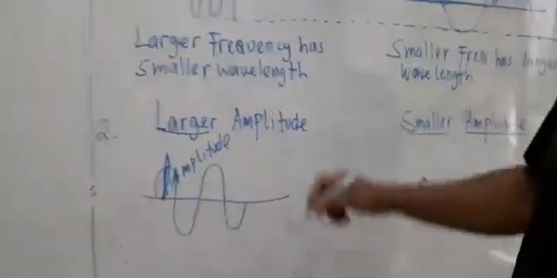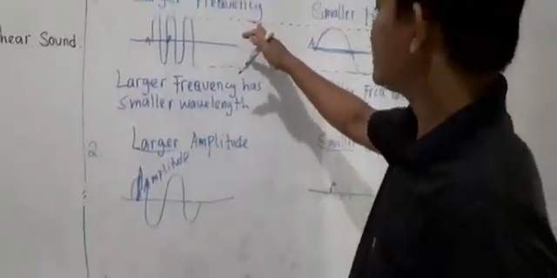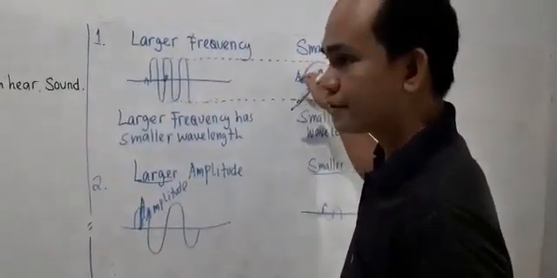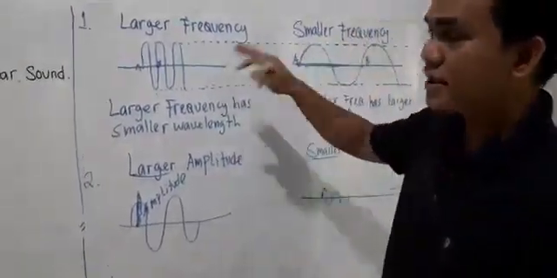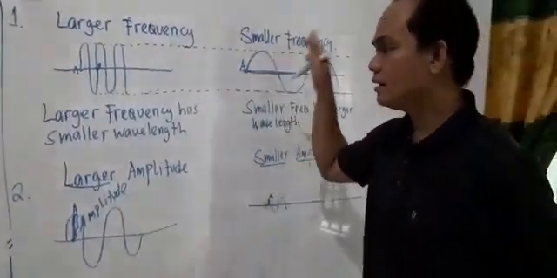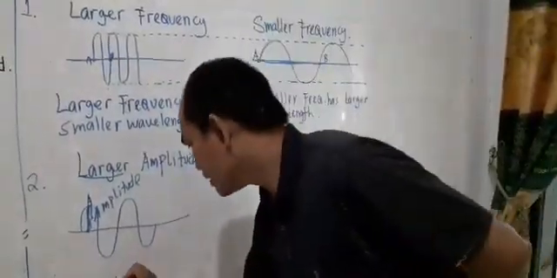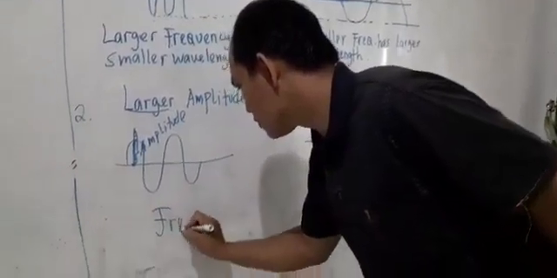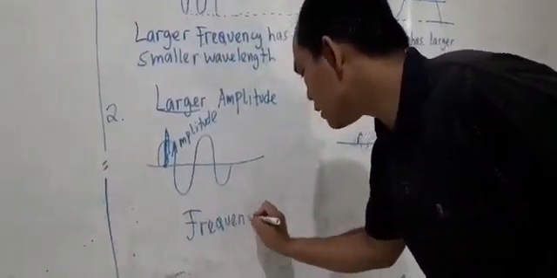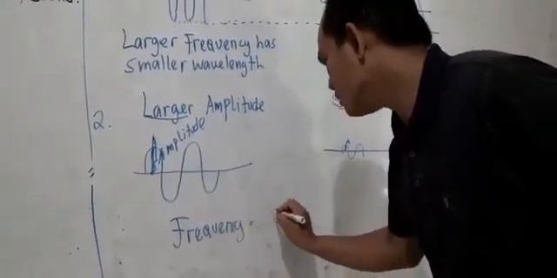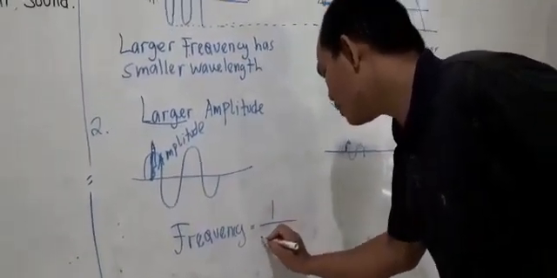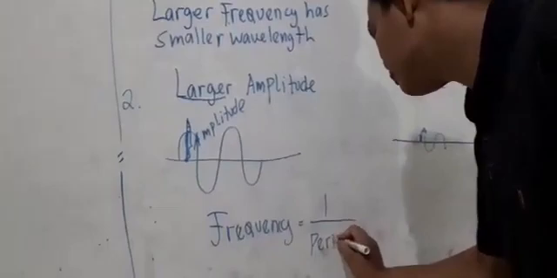So what is the relationship between frequency and period? The frequency is equal to 1 over period.